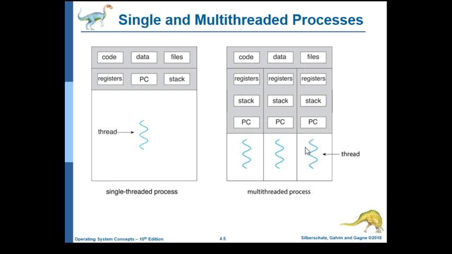So we can conclude that a multi-threaded process is one process that consists of several threads. Previously in chapter 3, we applied the single-threaded process: one process with a single thread.